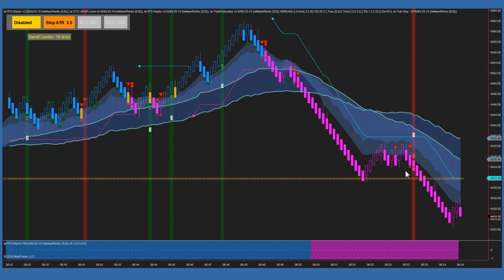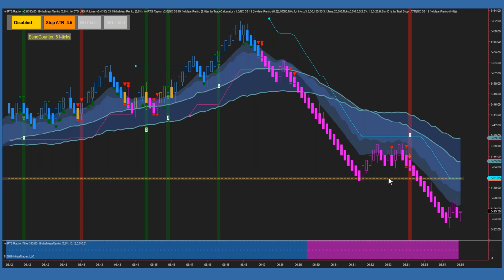And this number 1 signal, if it didn't coincide exactly with the late filter entry, it would have been pretty darn close, I think. But things looking a little bit more bearish right now.